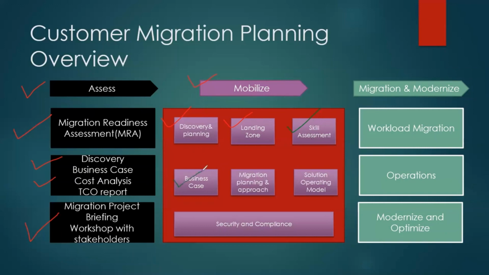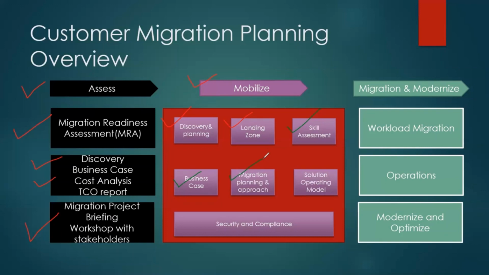Creation of business case, more details are inserted into the business case to make it more effective for understanding for the customer. Then also we discuss migration planning and approach. In this migration planning and approach, we will discuss what all infrastructure will be migrated, what will be done in phase 1, phase 2, and phase 3, so that the less critical things can be migrated first and tested.